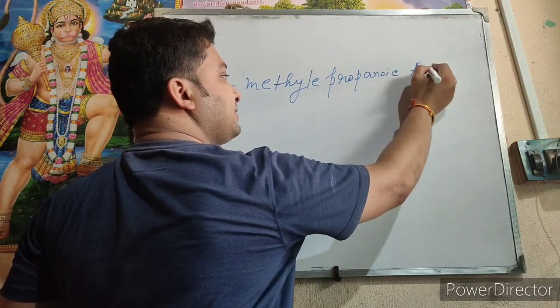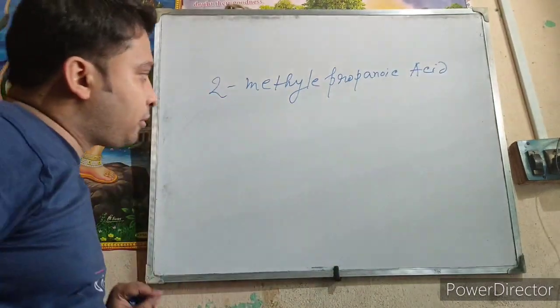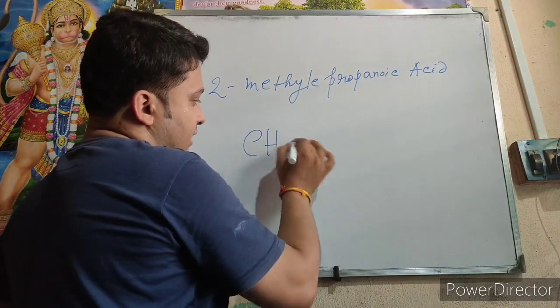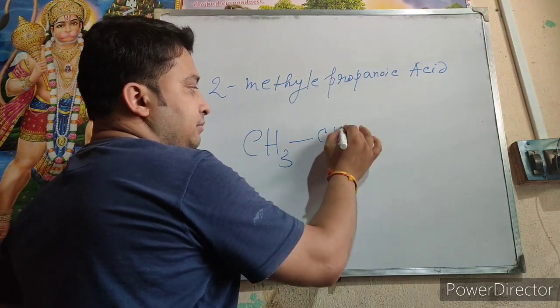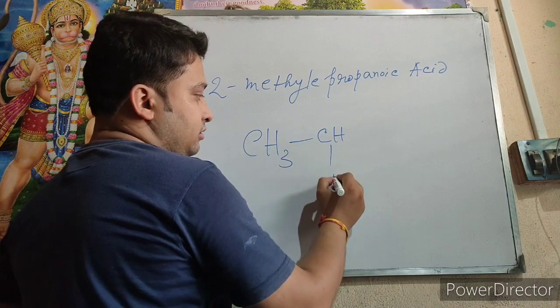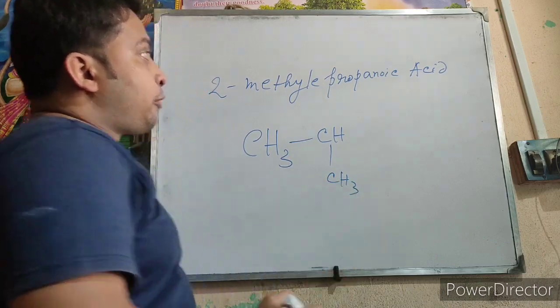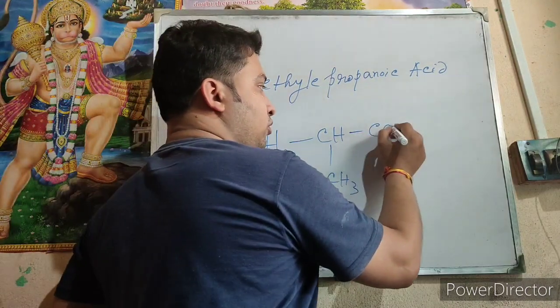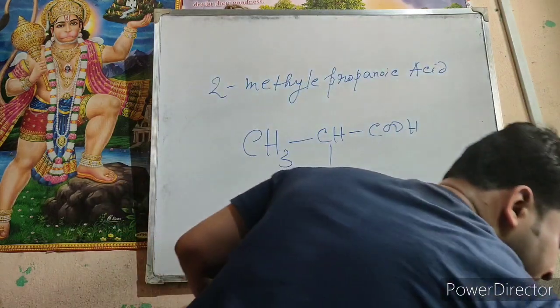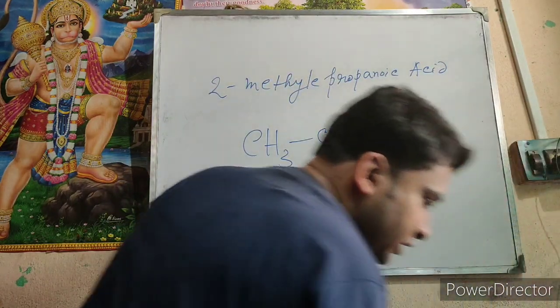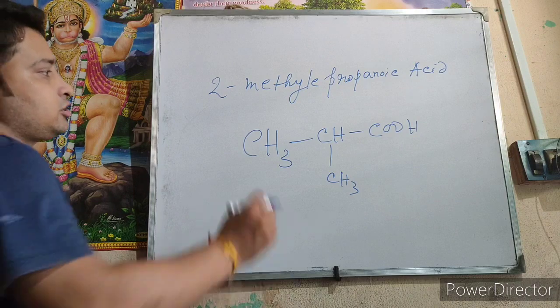2-methyl propanoic acid means this is CH3 on the carbon, so CH3 propanoic acid, and then COOH. I hope so. Okay, so this is called 2-methyl propanoic acid.